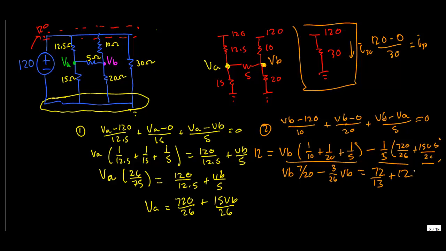Basically we have VB, so 7/20 minus 3/26 is equal to 61/260, is equal to, and then 72 divided by 13 plus 12 is equal to 228/13.